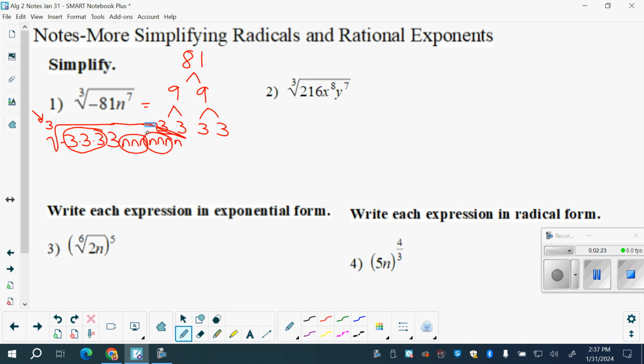And so my answer will be 3n squared. Do not forget to put the 3 for the cube root in your answer. Really easy to forget that. And then what goes on the inside? 3n.